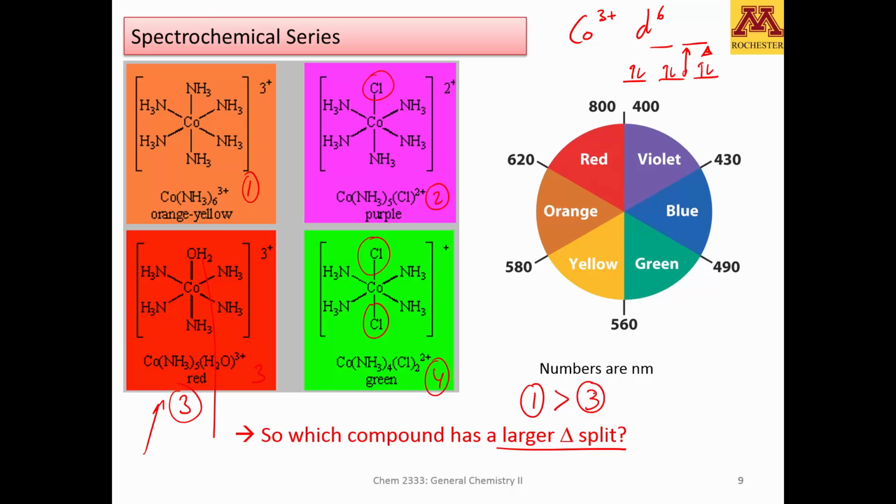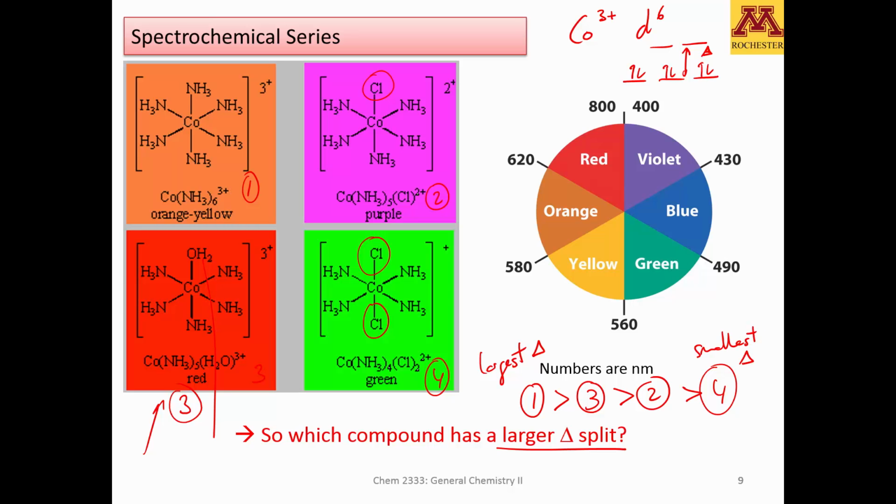Therefore, it will have a larger split than number 2, because number 2 has only one chloride. And finally, number 4, with 2 chlorides, will have the smallest split. So this is the largest delta, and this is the smallest delta.